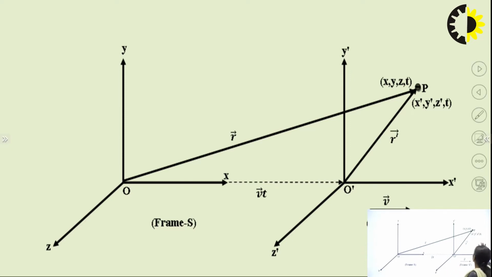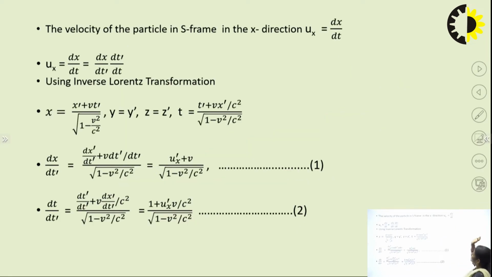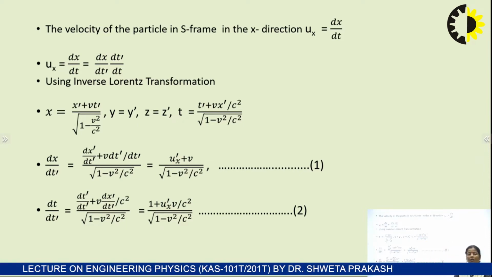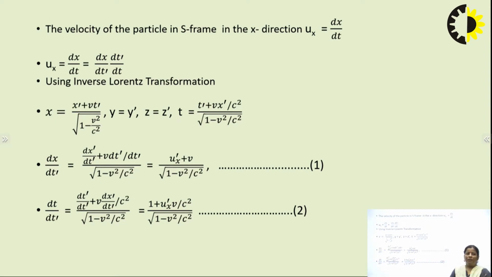Now, after this discussion, we must move to the velocity part, since our topic is velocity addition. So, we must use the discussion to calculate the velocity of the particle in both the frames and hence find the relation between these velocities. Let us see what we get.